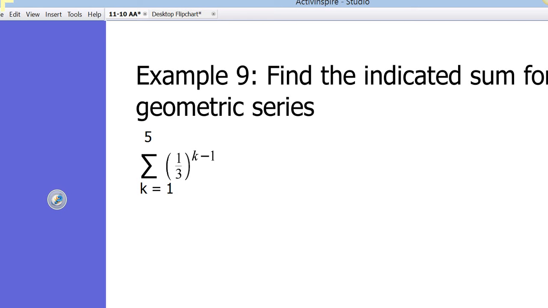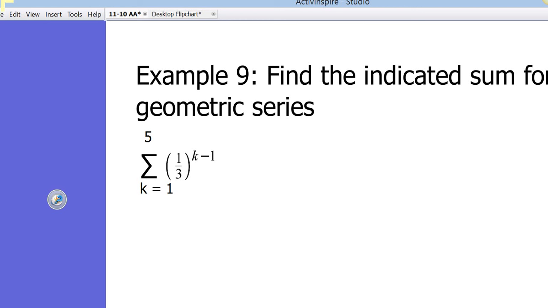Yep. So guess what? You're going to do parentheses 1/3 caret what power? 5, 5, 5. All over 1 minus 1/3. This can be easily done in your calculator a lot quicker than that stuff up there.